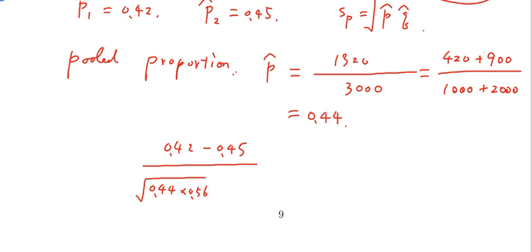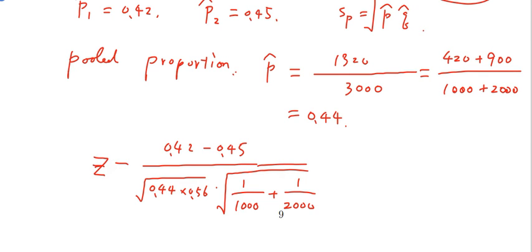Here we just multiply by 1 over n1 plus 1 over n2. So this is our test statistic. Is it a z value or a t value? We say z value, right? Because the sample size is quite big, so between z value and t value there is not much difference.